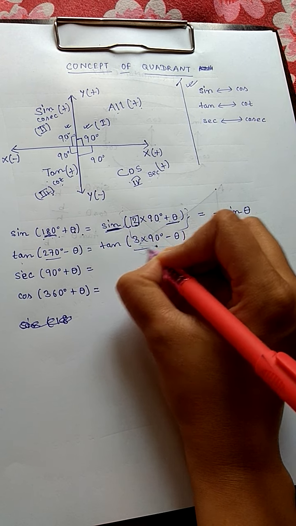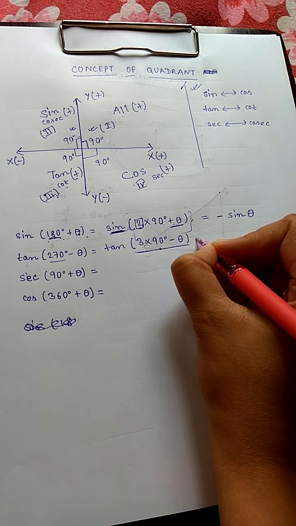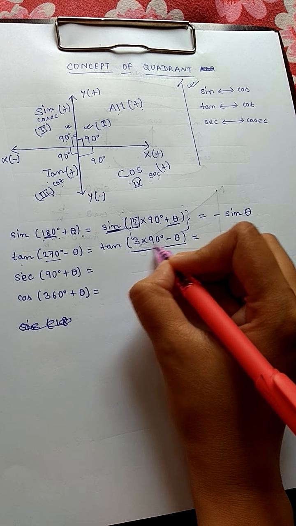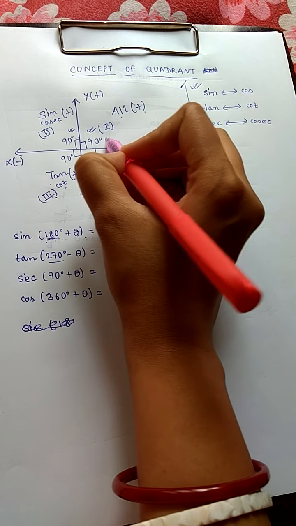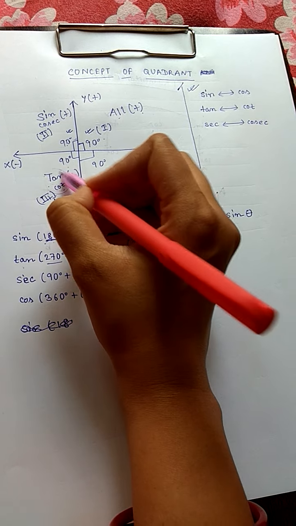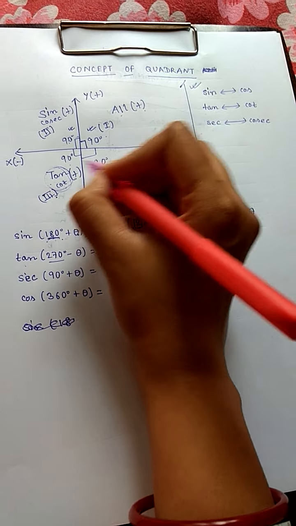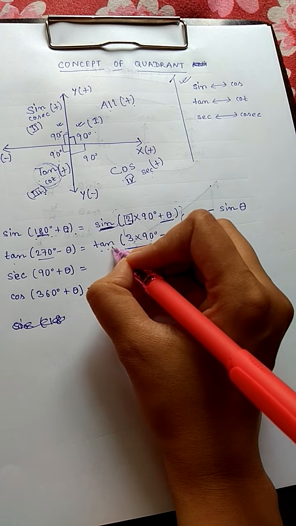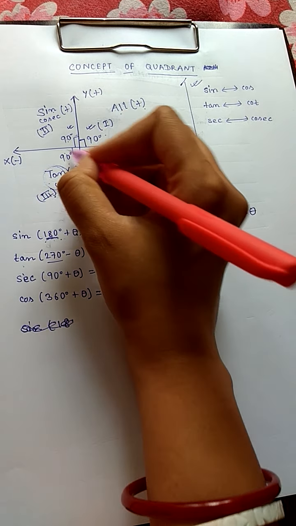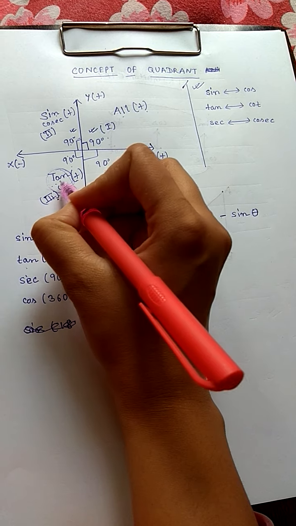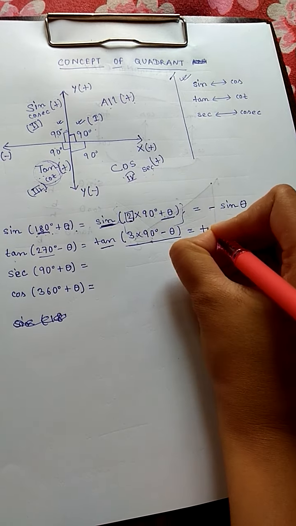Now from here I will determine whether it is positive or negative. 3 quadrants of 90 degrees: 1, 2, 3, third here. And minus theta means it will not go further. That is, the value of tan will lie somewhere in the third quadrant, and in the third quadrant tan is positive. So it will be plus.